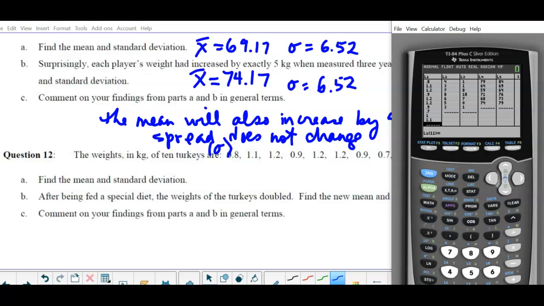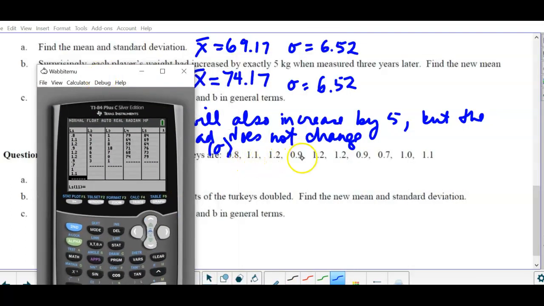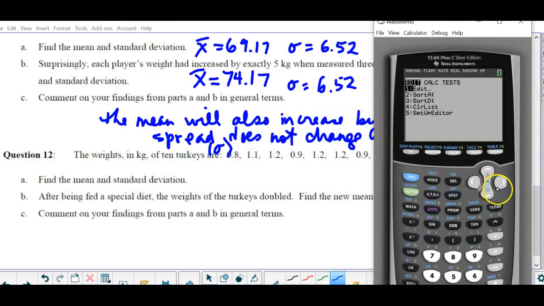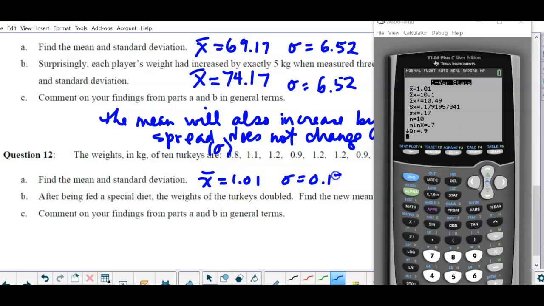Okay, so 10 values. I always check how many. 1, 2, 3, 4, 5, 6, 7, 8, 9, 10. Yeah. Okay, so now mean and standard deviation. And I put that into L1. So mean is 1.01, standard deviation 0.17. Didn't even have to round.